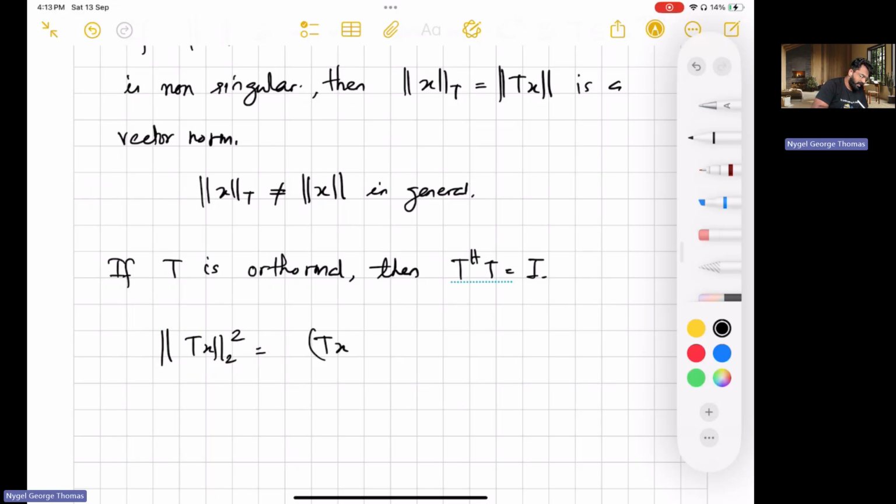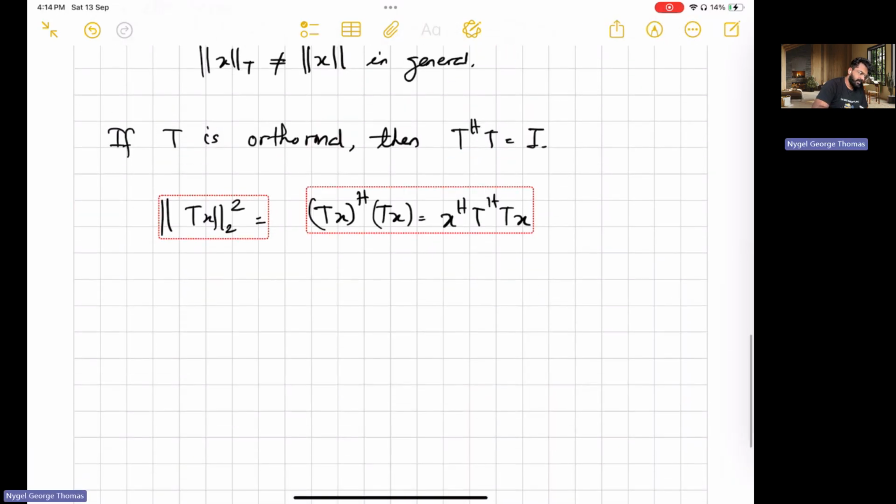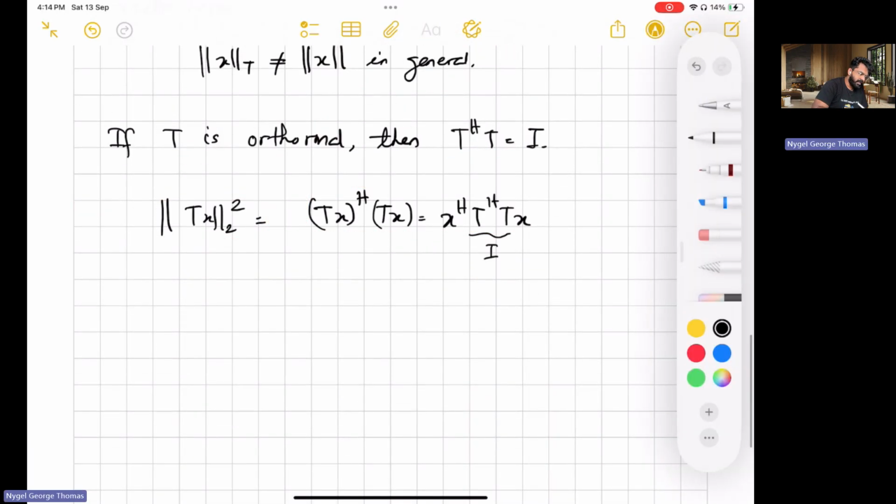The squared norm of Tx is Tx Hermitian into Tx, which is x Hermitian T Hermitian T x. This equals x Hermitian I x, which is the same as the L2 norm of x whole squared.